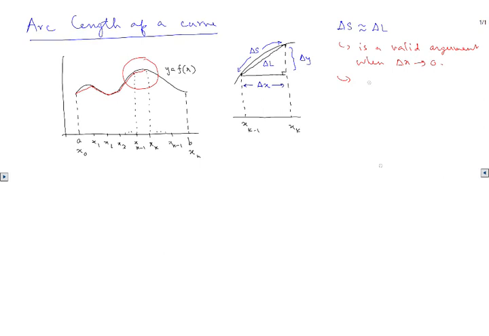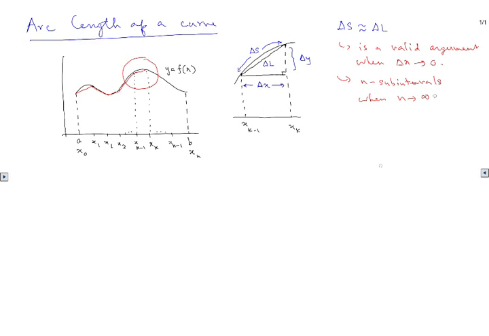If you cut into n sub-intervals, we take n going to infinity. That's how we approach this, because as you make the pieces smaller and smaller, you can see that this length is going to be equal.